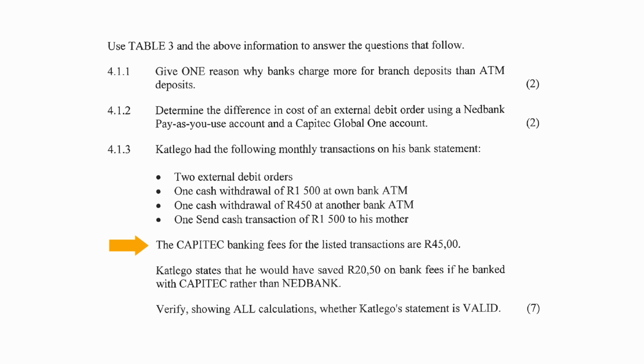At Capitec, the banking fees for the listed transactions are 45 Rand. Katlego stated that he would have saved 20.50 Rand on his bank fees if he banked at Capitec rather than Nedbank. You have to verify, showing all calculations, whether Katlego's statement is valid.